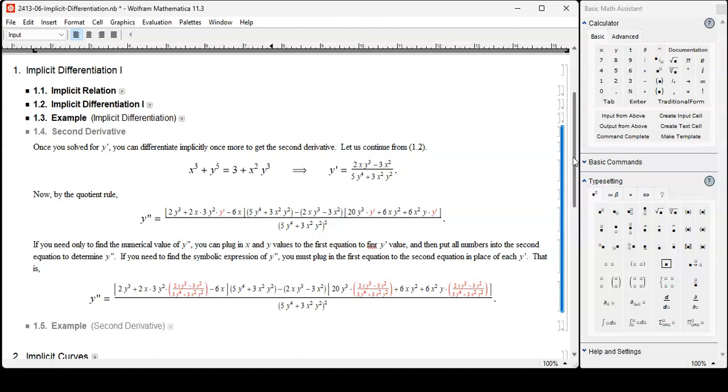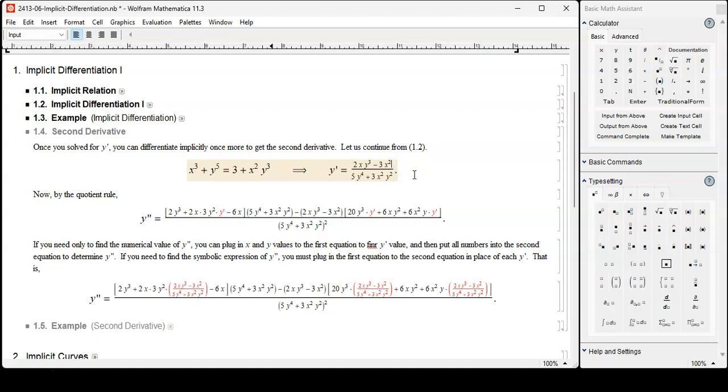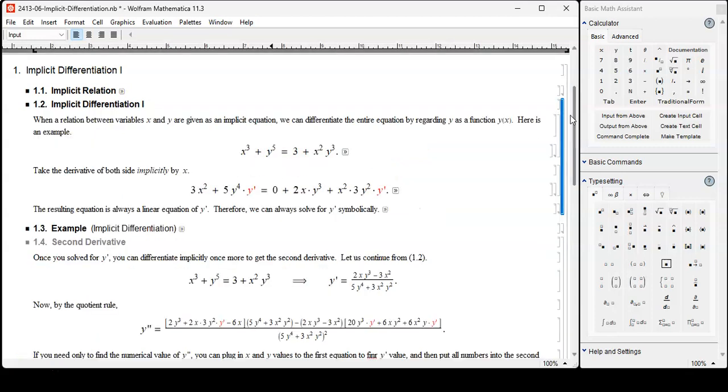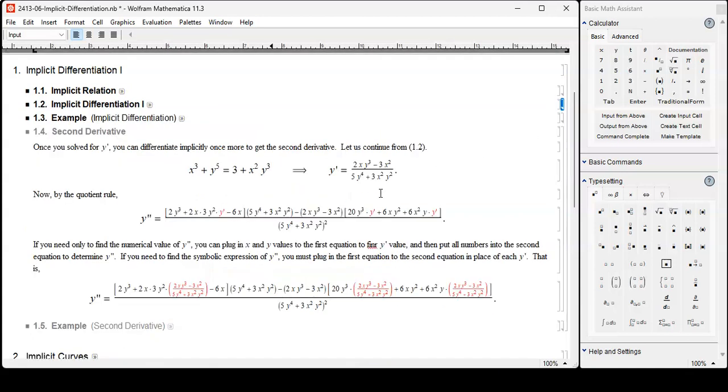But anyway, after taking the derivative, this is the first example we did, so in 1.2, we went through the very same problem and calculated the derivative. And then if you take another derivative here using the quotient rule and product rule and chain rule, you're going to get the second derivative.